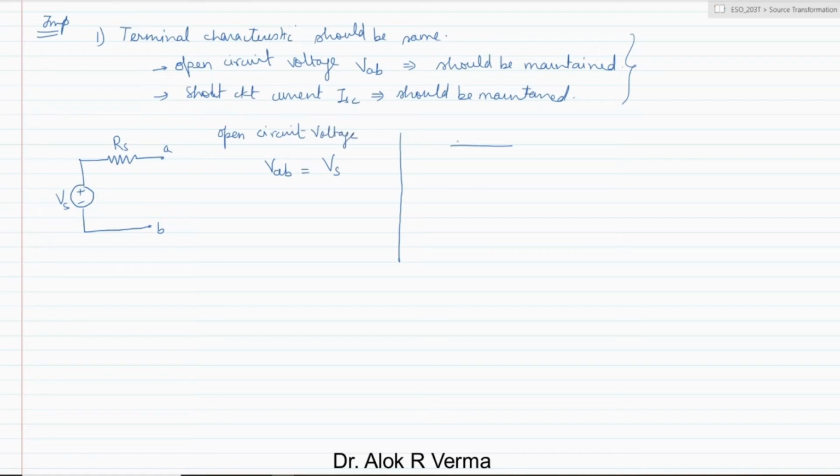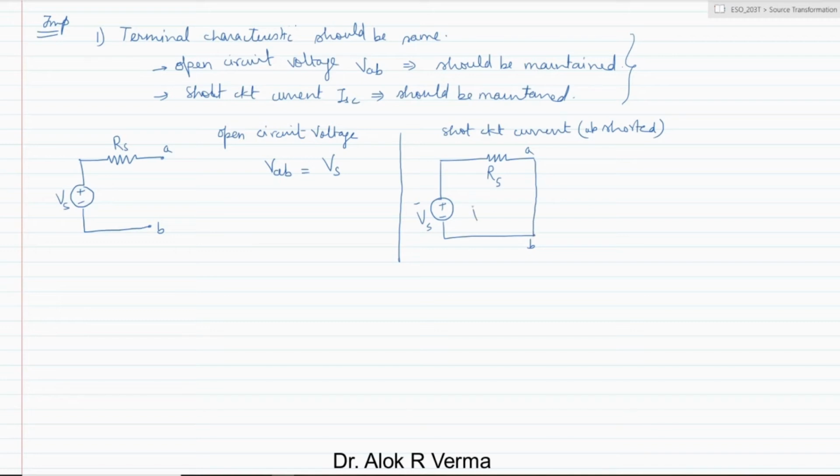Okay. Now see the short circuit current between terminal A and B shorted. So we have one resistor and then we have an ideal voltage source, and this resistance is Rs and this is Vs. Now the terminals A and B, just short them.